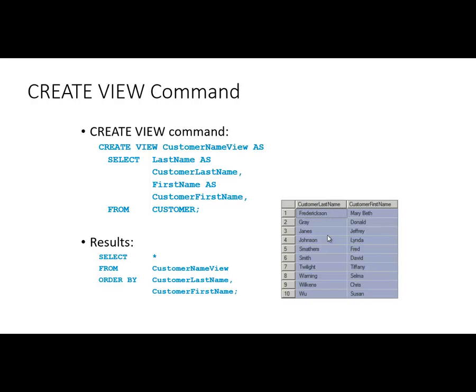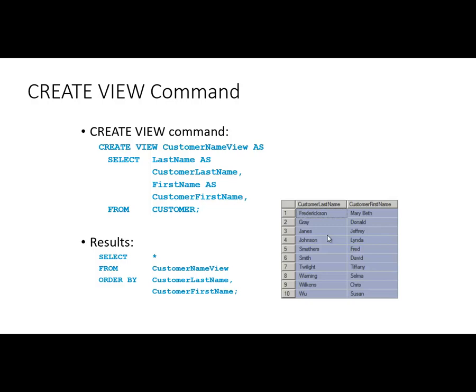These slides provide an example of a view. To create the view, we use the create view command. As indicated in the code, we assign a name for the new view. In this case, it's called the customer name view. After assigning the name, we start selecting the columns that we'd like to save in the new view.